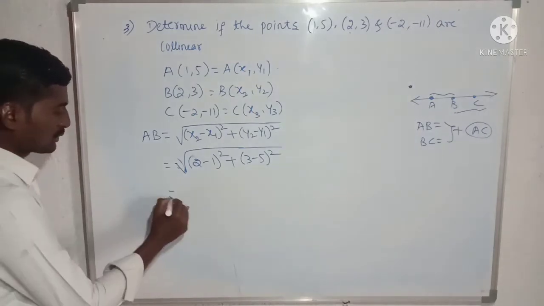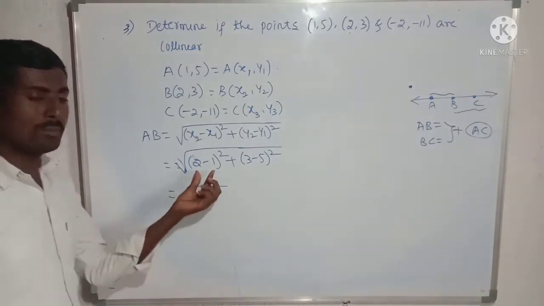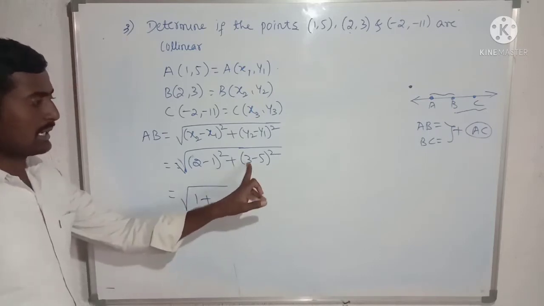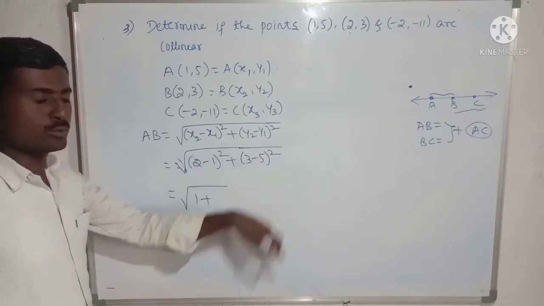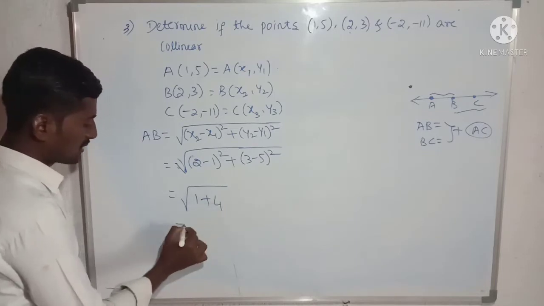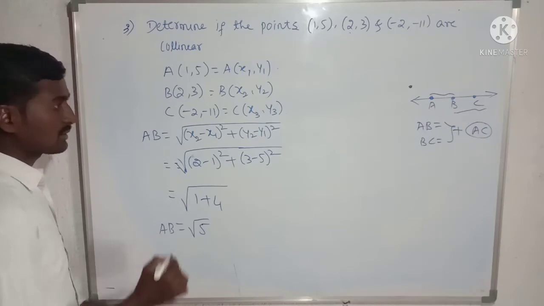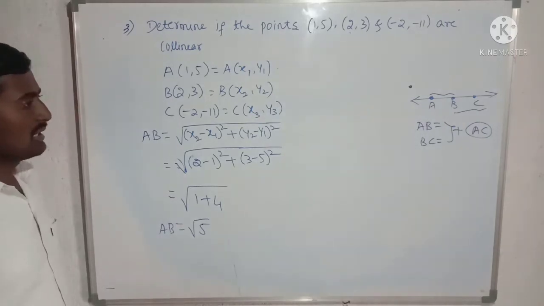This is equal to under root of 2 minus 1, it is 1. 1 square value is 1, plus 3 minus 5, that is minus 2. Minus 2 square value is 4. If you add these two, you will get square root 5. So AB you are getting as root 5.